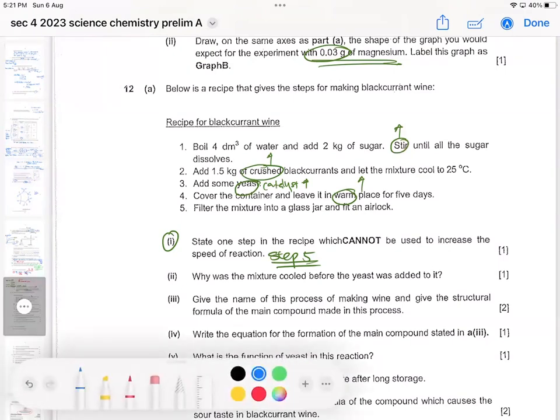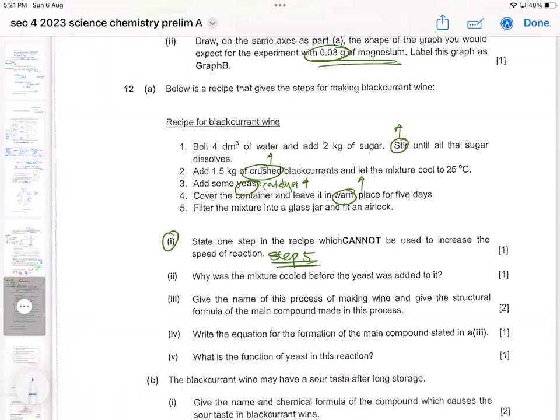Okay, next. Yeast is your bread-making stuff, right? All these contain bacteria, and bacteria cannot stand high temperature. So you need to cool it down before the yeast is added. So the reason here will be that the yeast is denatured.